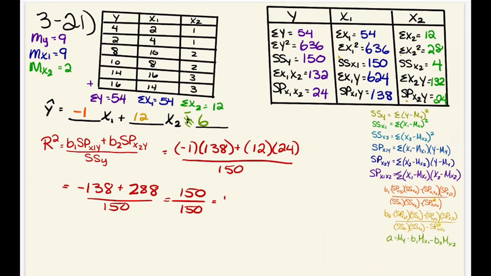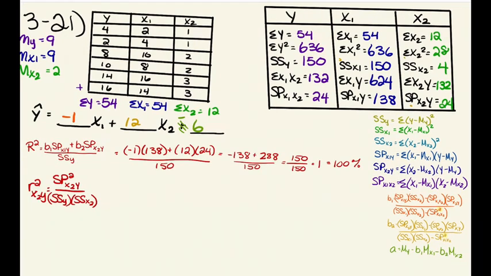Then we'll divide the sum by the sum of squares for y. It's not likely that you'll get 1 for this formula, rather 0.999 or something like that, and so we'll be changing it later.